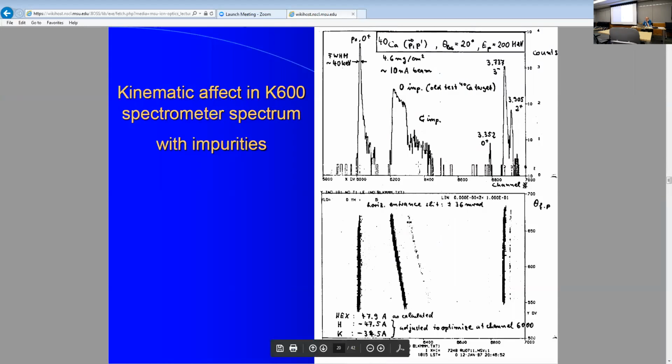And so carbon is in here, and the lighter the particle is, the more is the tilt, because the kinematic shift is stronger. And if you come closer to calcium, then you will have lines. So you can identify to a certain extent which impurity you have, easily to see here oxygen and carbon.